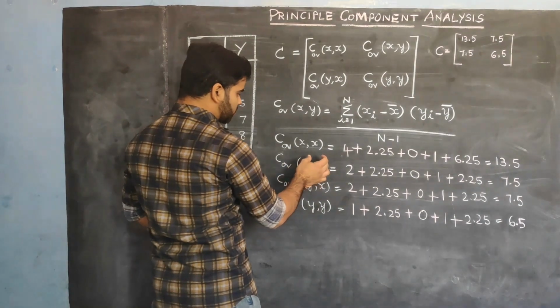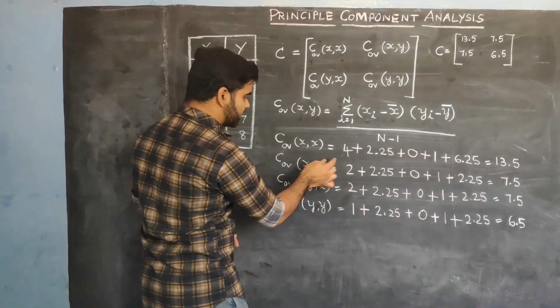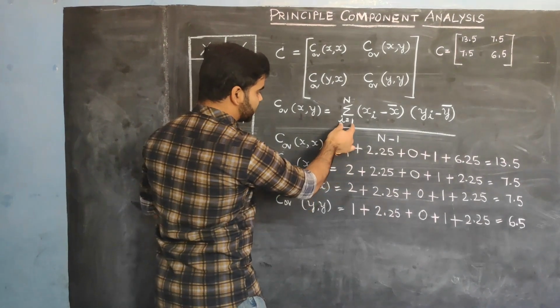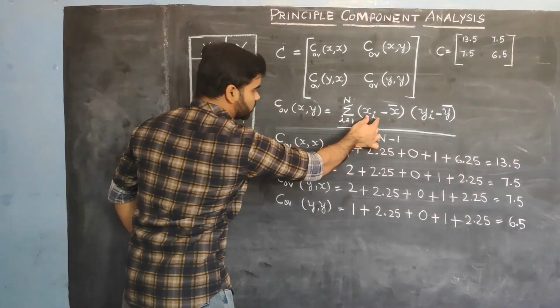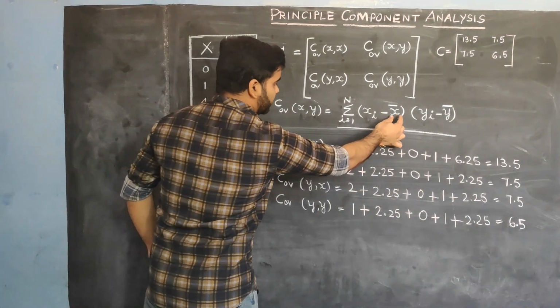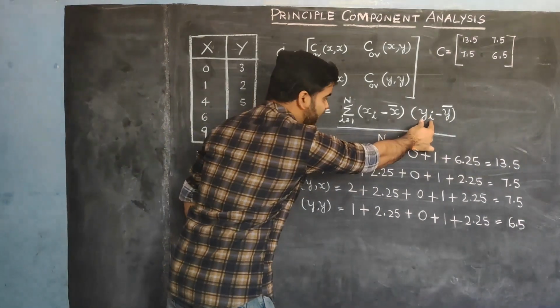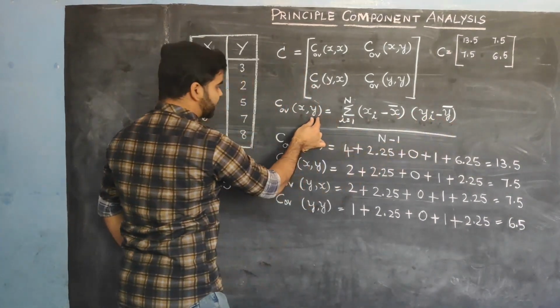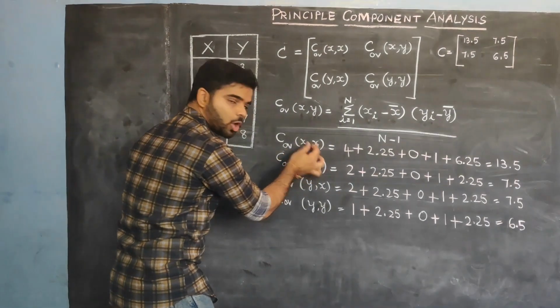Now substitute x comma x in the place of x comma y. For the first observation, that is i equal to 1, xi will be 0, so you substitute 0 minus x bar, which is 4, whereas in the place of yi and y bar you take the similar x, because we are calculating the covariance of x comma x.